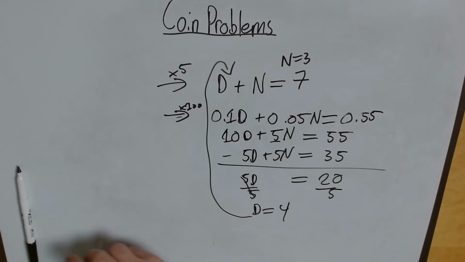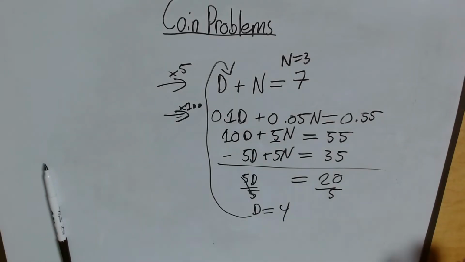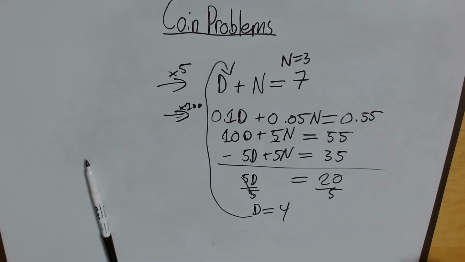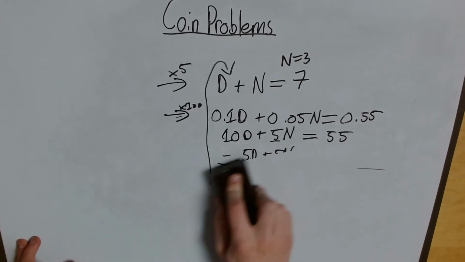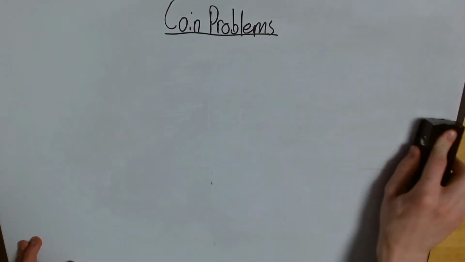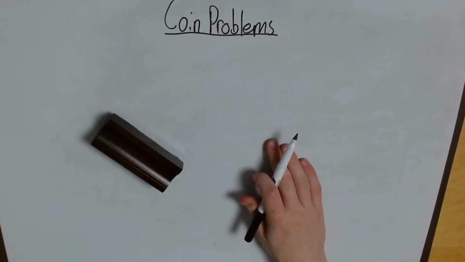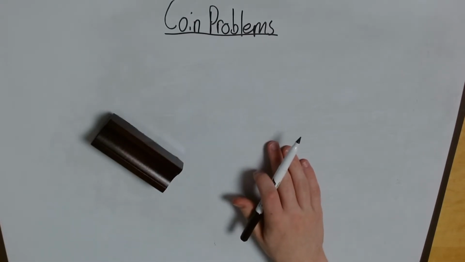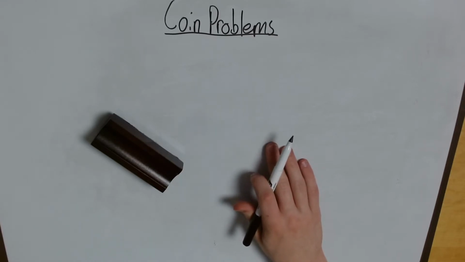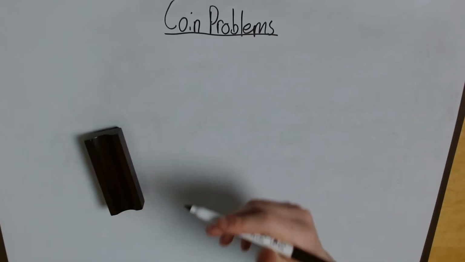So let's do another variation of this type of problem. So let's say this time I have 11 coins in my pocket, and they are all either dimes or nickels.